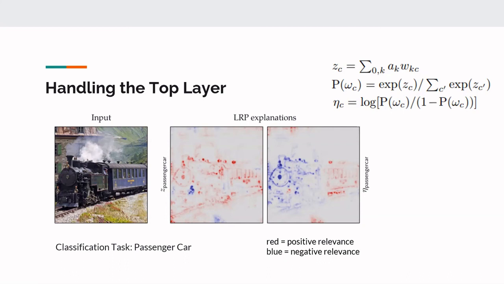But when we look at the eta sub C of the image on the right here, what this explanation reflects is that the inclusion of the first car in the train, the locomotive, will increase the chance that the model is predicting it as a locomotive. So while it may still not be the highest class, that increase in another class is reflected in this model, and it's assigned a negative relevance. And correctly, we're mostly showing only red in the area of the actual passenger car that we're trying to classify.